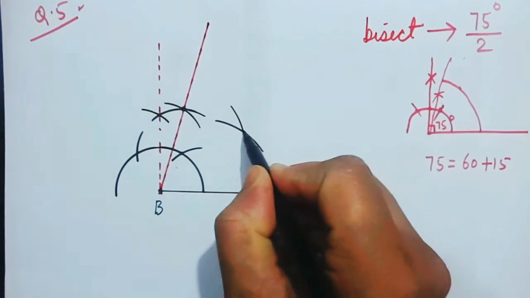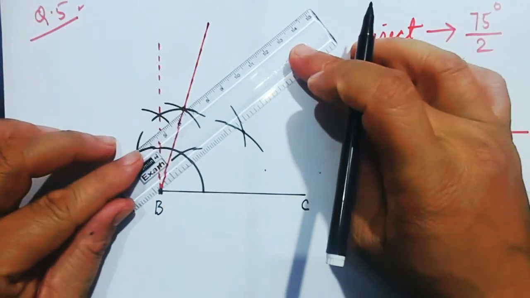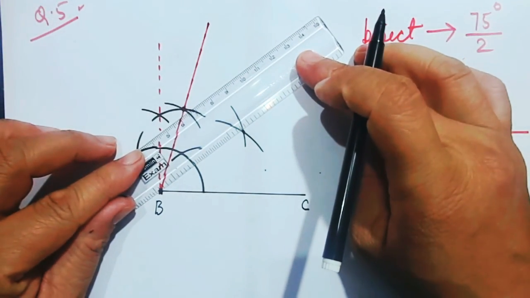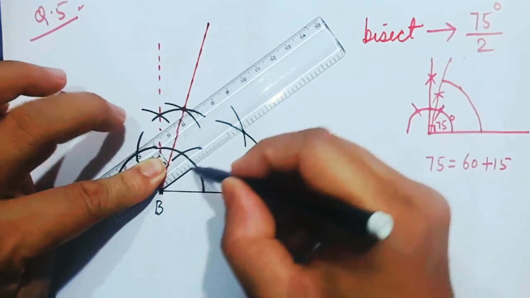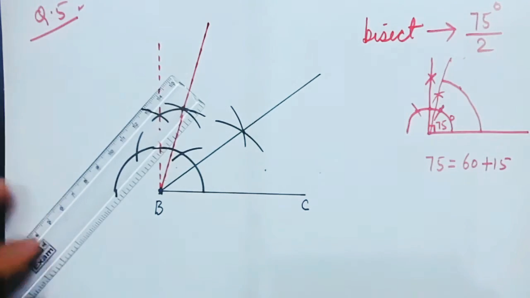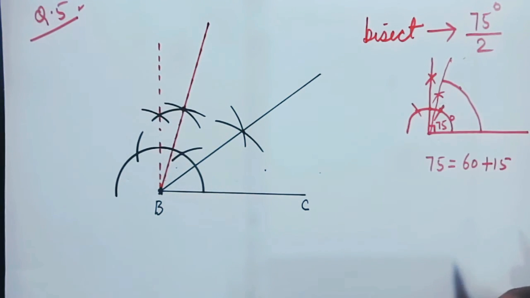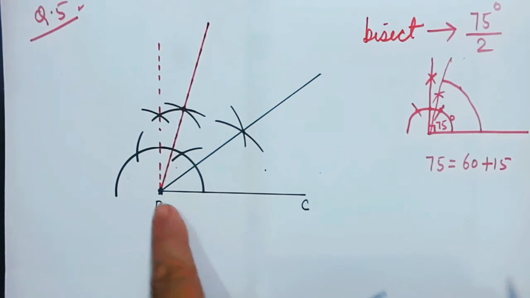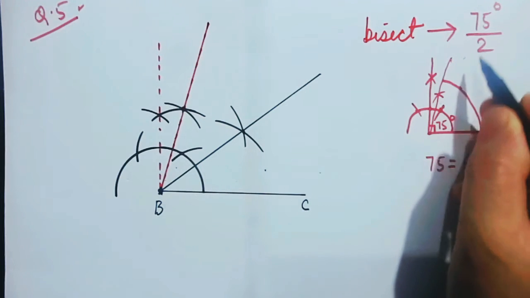I shall be joining this point and this point. Whenever two arcs meet, naturally you will get the point of meeting for which we draw the two arcs, isn't it? The point of meeting which on joining at the base BC will get an angle 75 by 2.